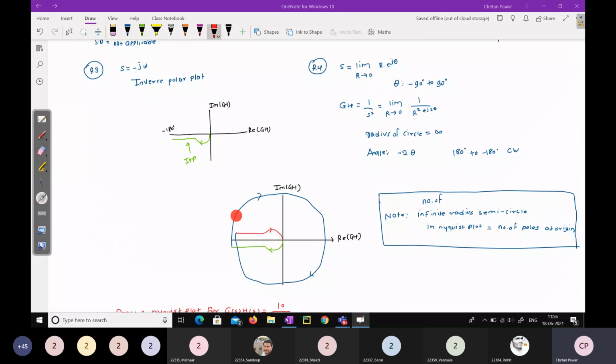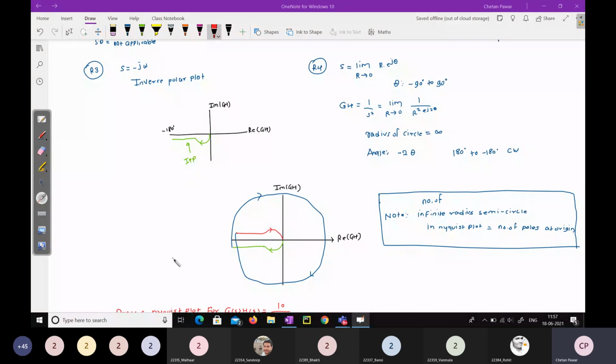So this will be one semicircle and this will be the second semicircle. The number of infinite radius semicircles in a Nyquist plot is equal to the number of poles at origin. Here you can see that particular circle starts from where the inverse polar plot ends and will end at where the polar plot starts.